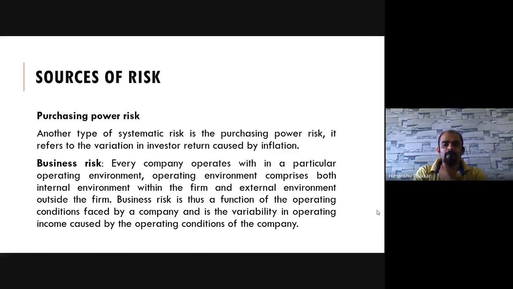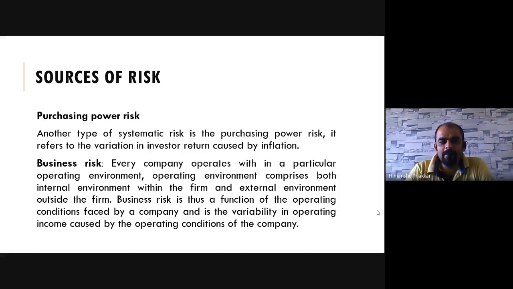A person who was earning 10, 15,000 a year back was able to manage the family, but after COVID, that money is not enough considering the reduction in the purchasing power. The inflation has increased, and because of inflation, the purchasing power has decreased.